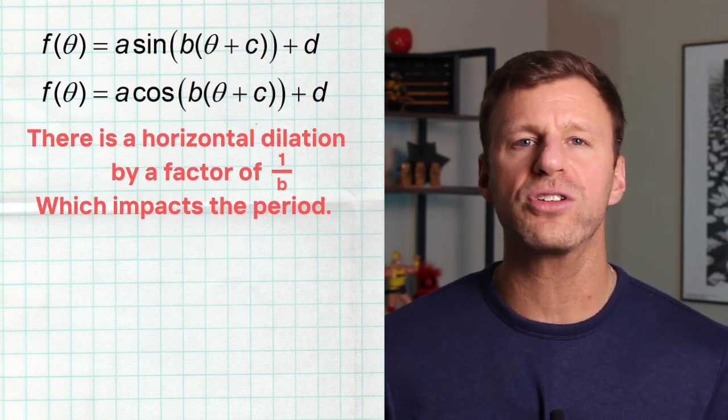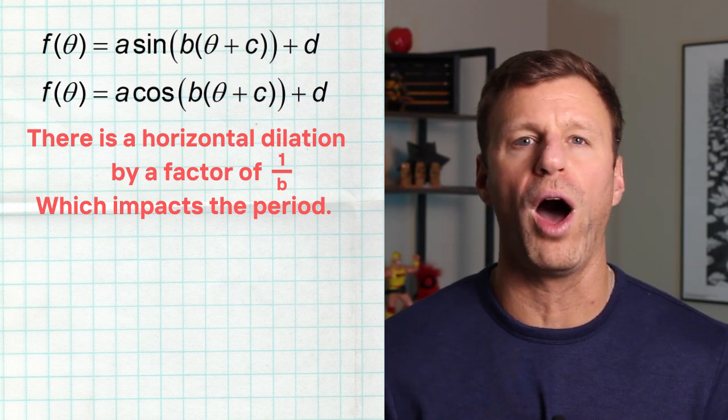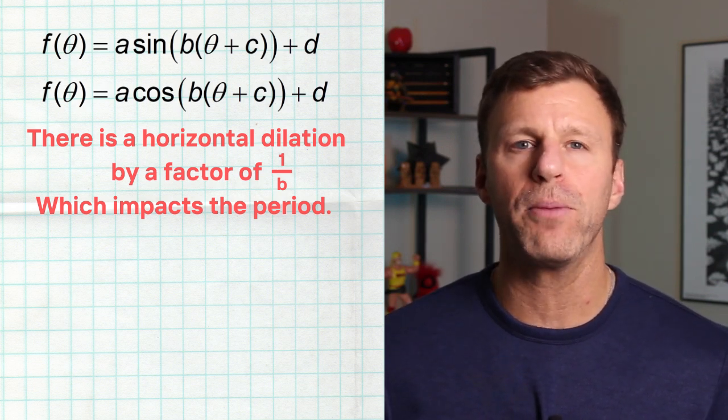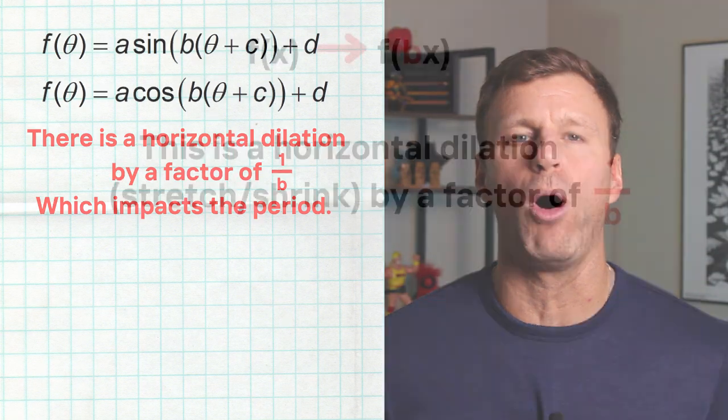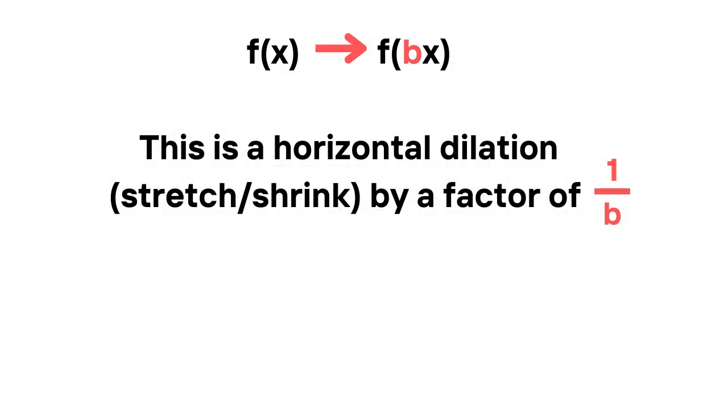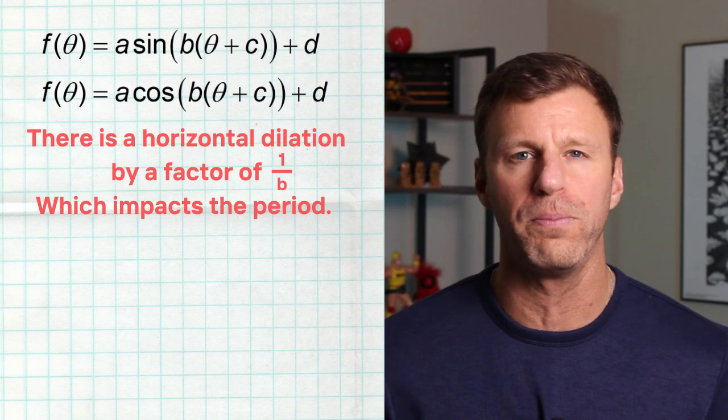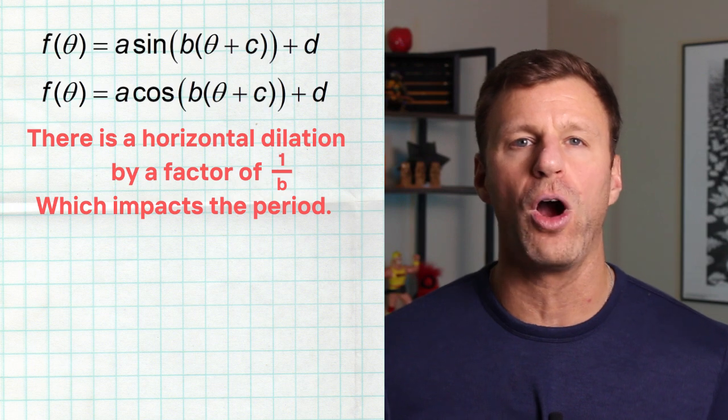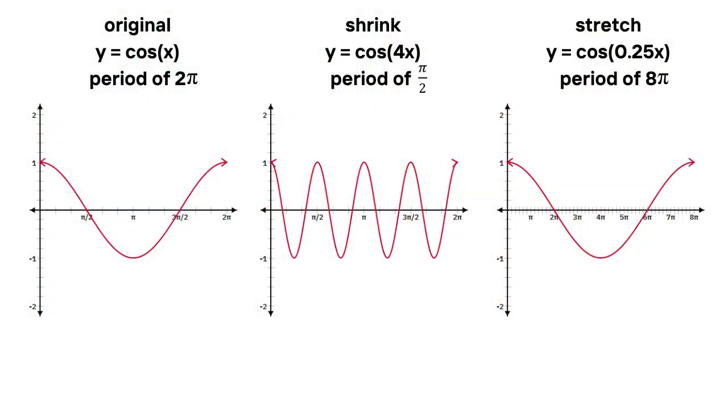Next up, we have a horizontal dilation by a factor of 1 over b. Now you got to remember back to our basic transformations, when we multiply inside of our function, that's going to be a horizontal dilation, but it's not a horizontal dilation by a factor of b, it's by a factor of 1 over b. This is going to affect our period. Remember, our period of our function, sine and cosine, is 2 pi.